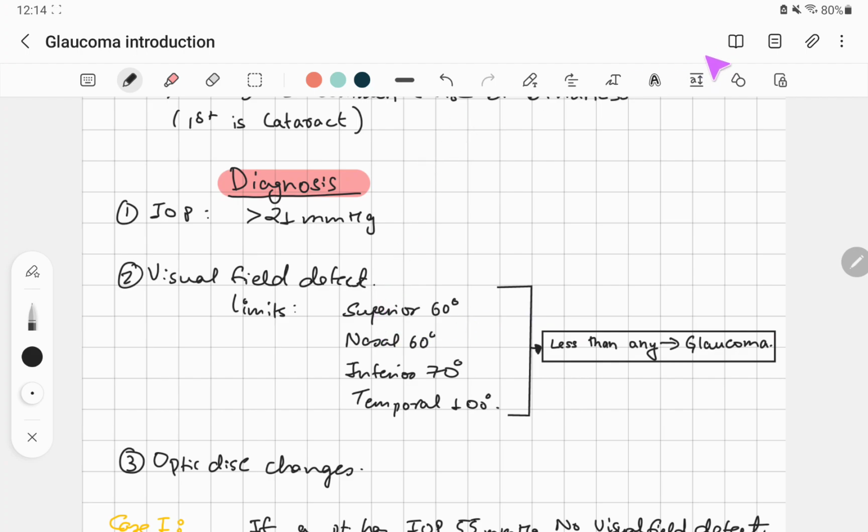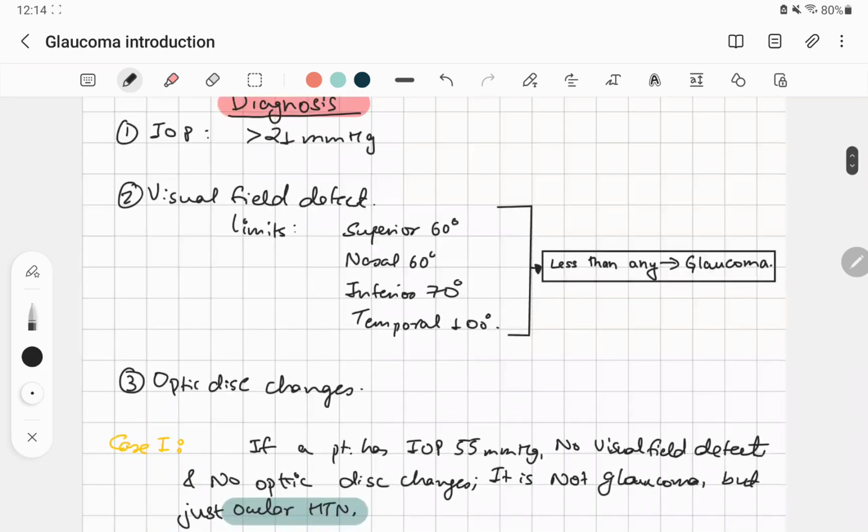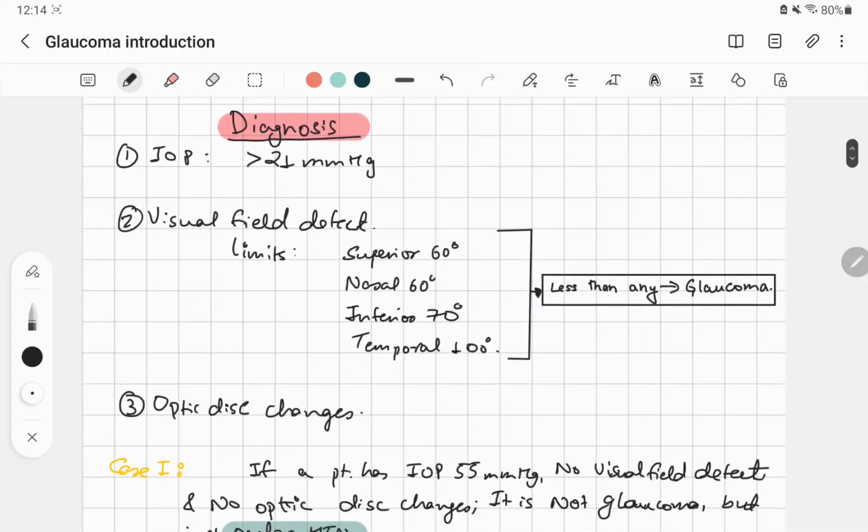So the first was intraocular pressure greater than 21 millimeter of mercury, then the visual field deficit limits, and then there should be optic disc changes. These are the three criteria for the diagnosis.